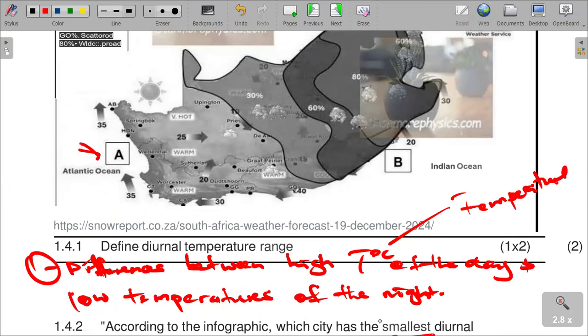If you look at A here, it is called the cold Benguela current. We have the cold Benguela current at A there. And then B, from the Indian Ocean, we have the warm Agulhas.